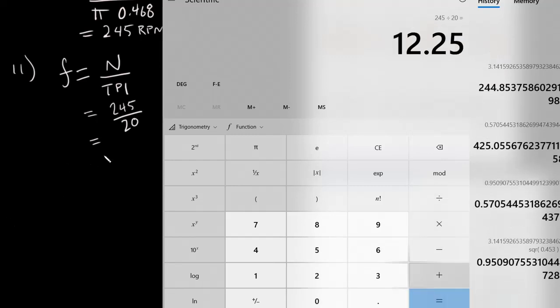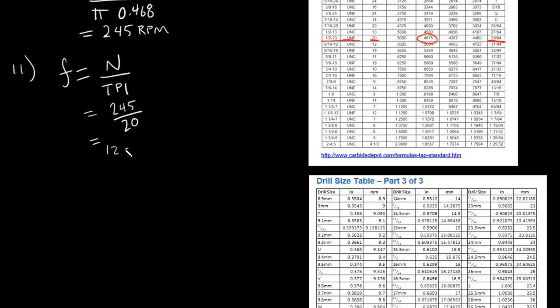That equals 12.25 inches per minute. Now, I'm going to keep all of these decimal places. And if this was 245.8 or 244.8, I would probably have more decimal places. And if I had more decimal places here, I'd have more decimal places here.